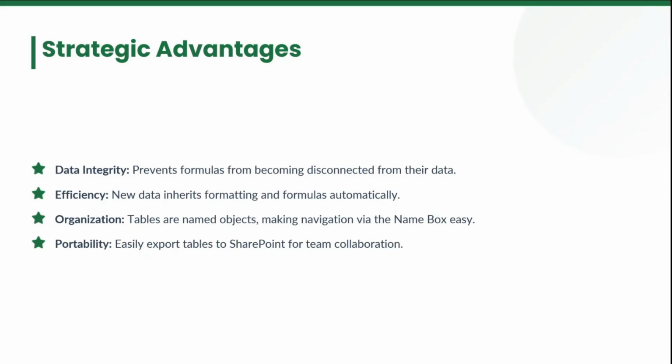But in a table, it would keep the variable or the field of the specific column that you've already stated that you want to calculate from. Also for efficiency, new data inherits formatting and formulas automatically.